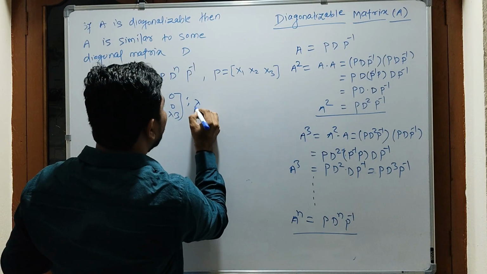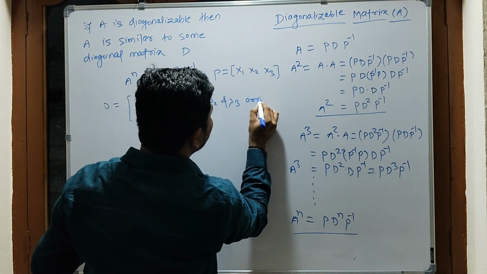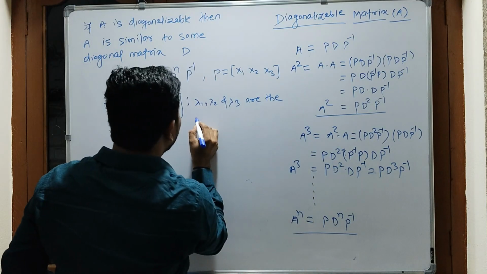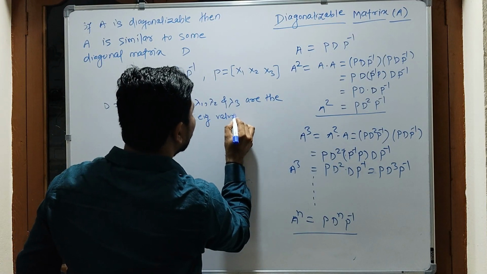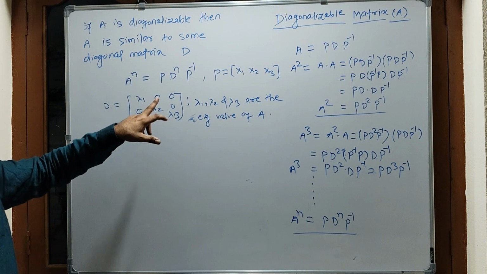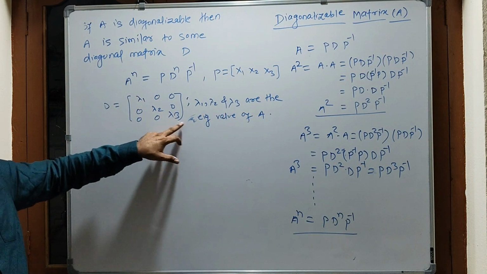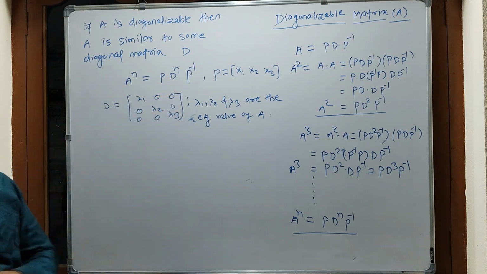Here I will write lambda 1, lambda 2 and lambda 3 are the eigenvalues of my matrix A, and this is my diagonal matrix.